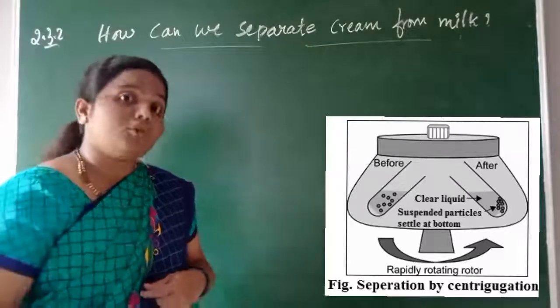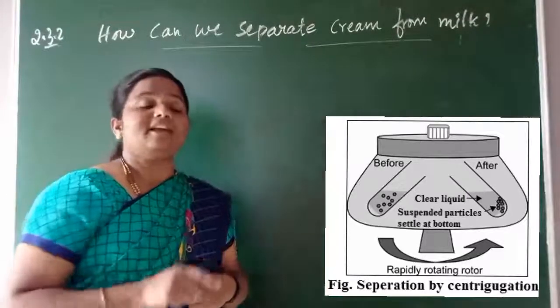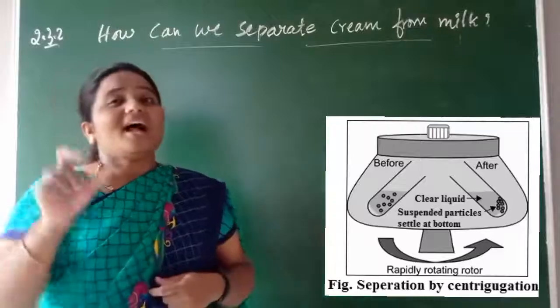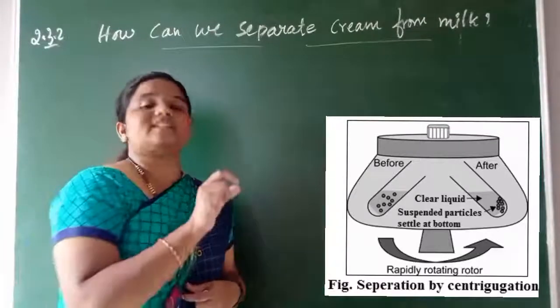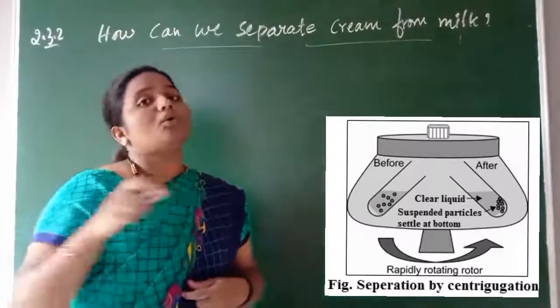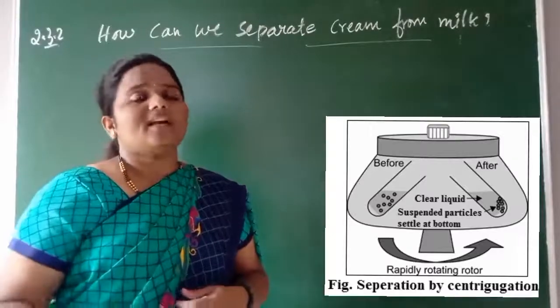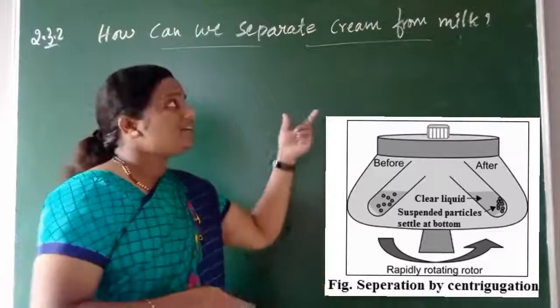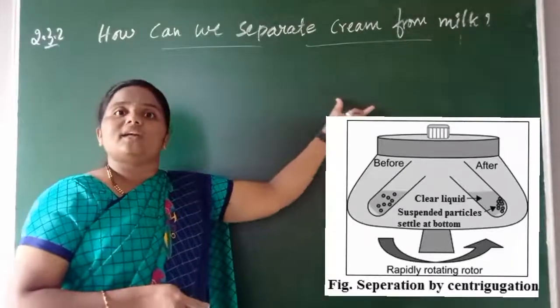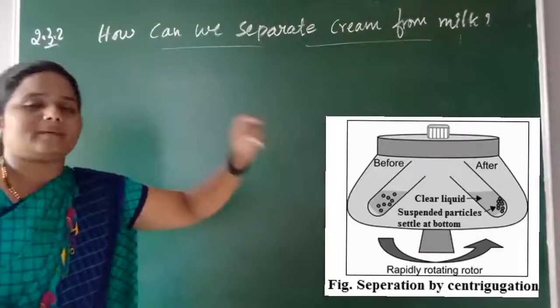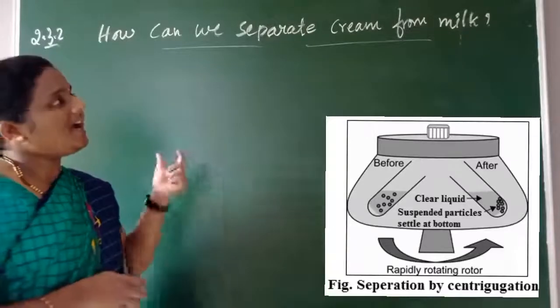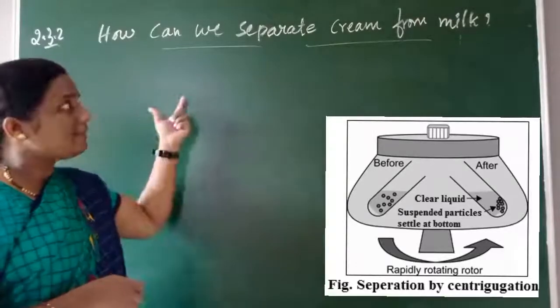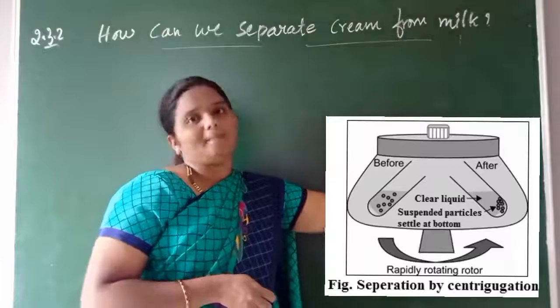Depending upon the amount of fat present in the milk, they are given different names, that is, full cream, toned milk, double toned milk. These are all different names for milk. Why? Because of the amount of fat present in it. So here we are separating cream from the milk.